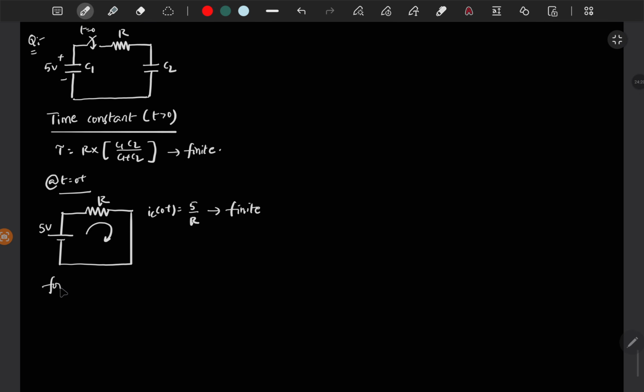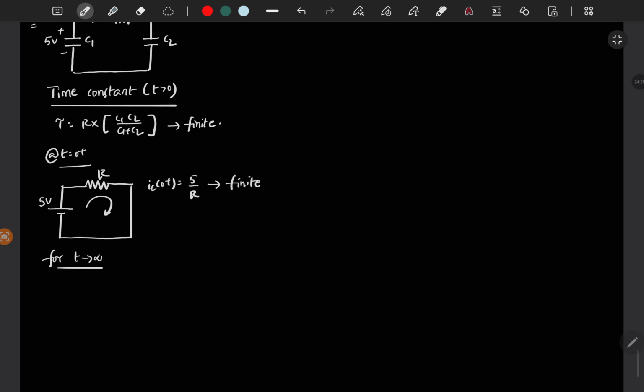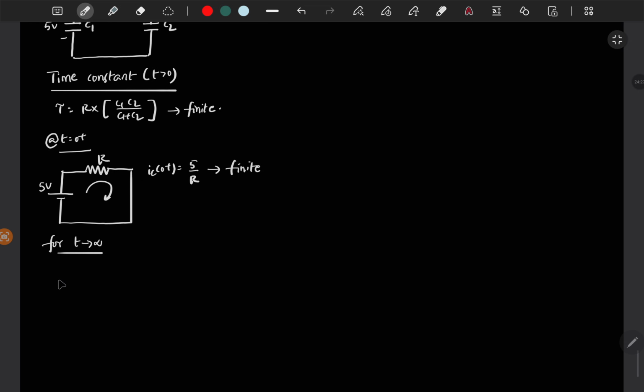And for t tends to infinity, I'm taking that 5 volt out and open circuiting that capacitor, just for analysis purpose, and open circuiting this capacitor. So this is C2 and this is C1.